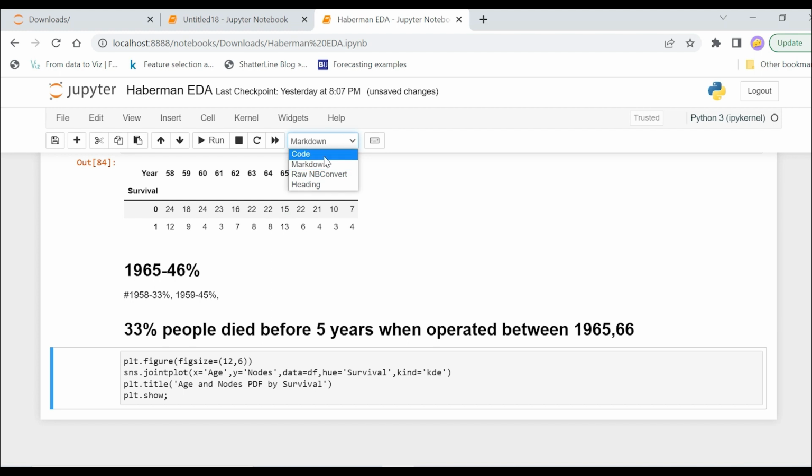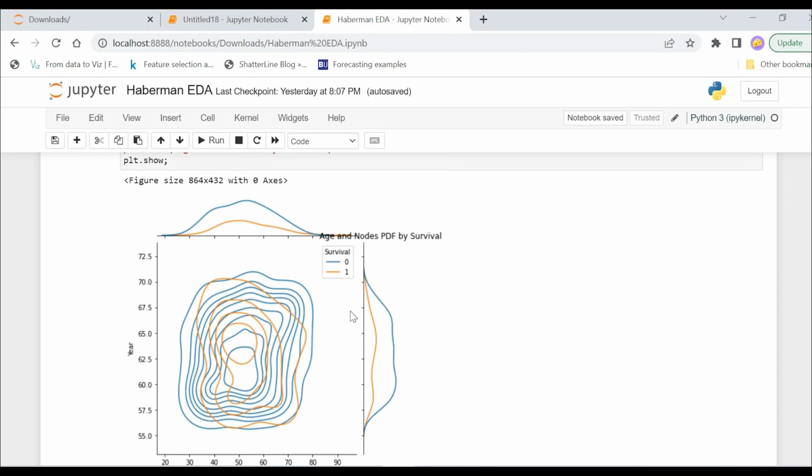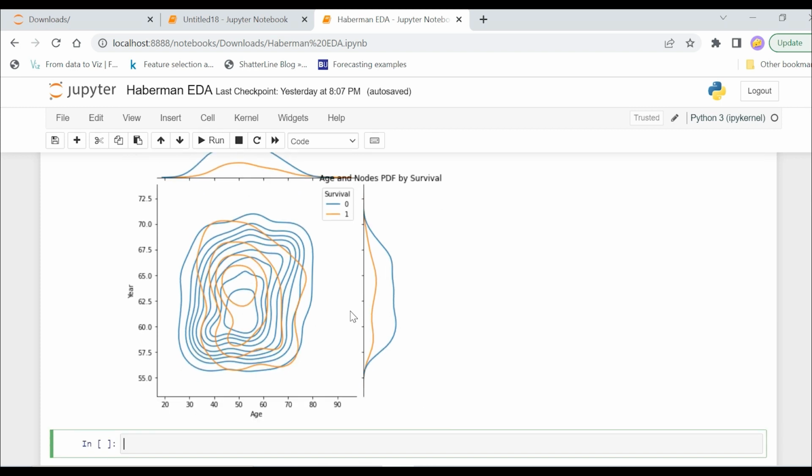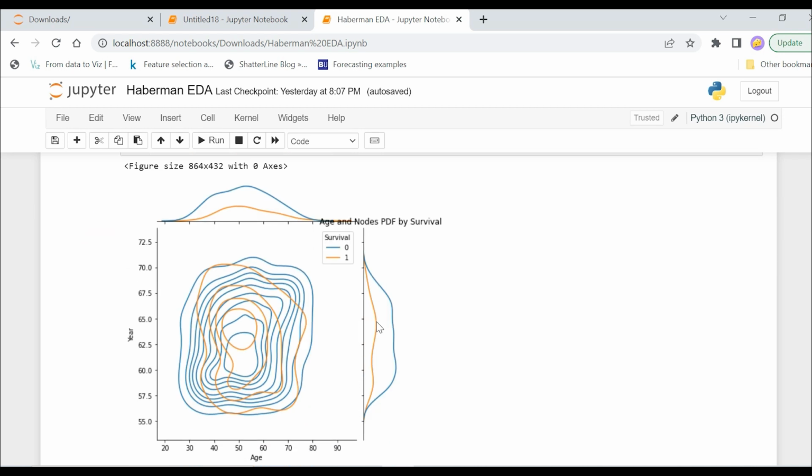Here I would like to see the age and year. See, age and year. So this is the peak here, kind of peak around 65.